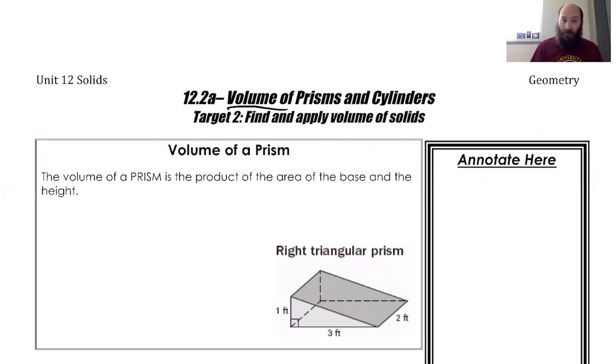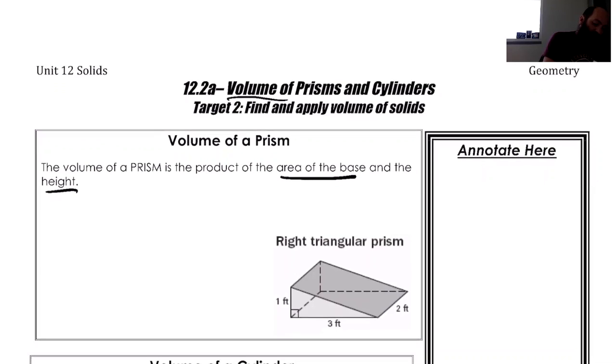So two formulas today, and technically they're the same formula. The volume of a prism is the product of the area of the base and the height. Don't forget, when we define our base, look at this image here, the base is the parallel and congruent polygons.